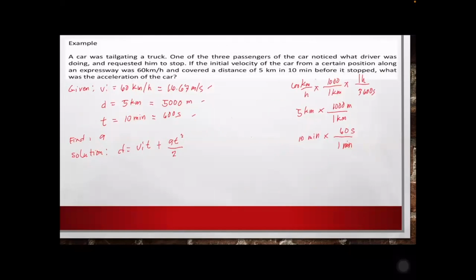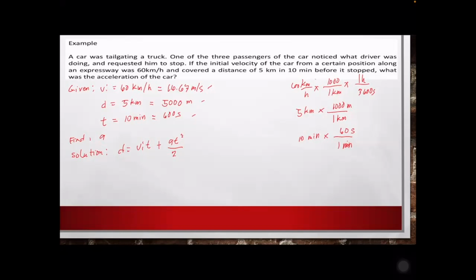Dito, given natin is the vi, the t, the d, and kailangan natin ng acceleration. So, ito yung gamitin natin.